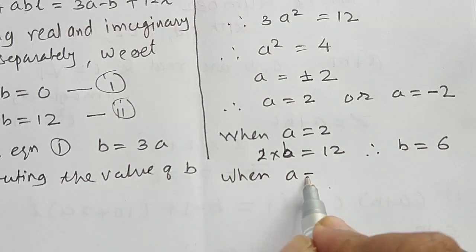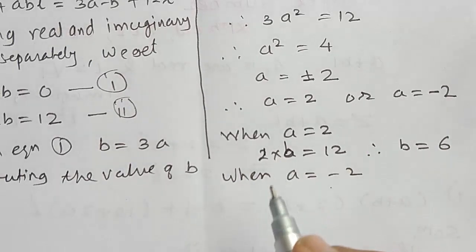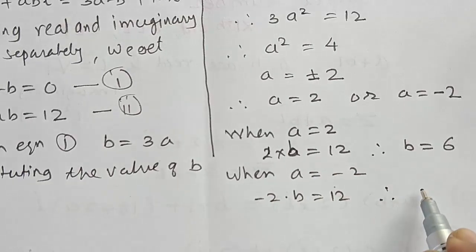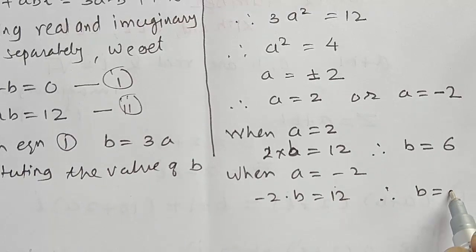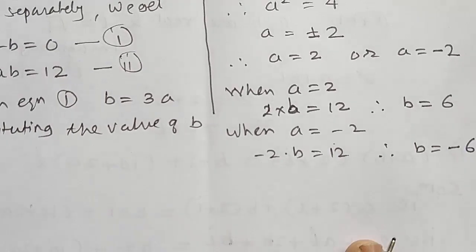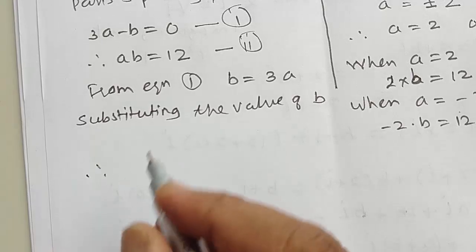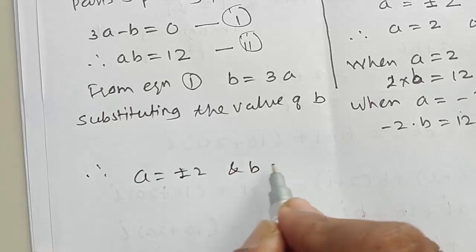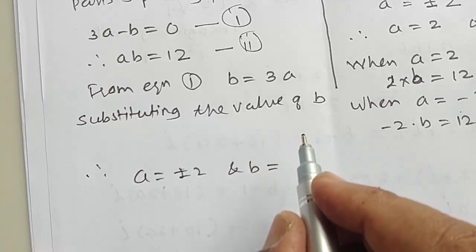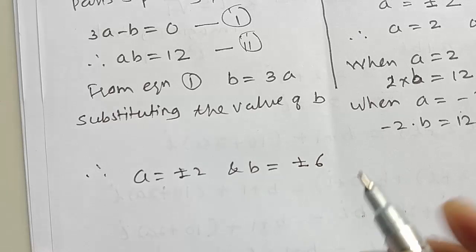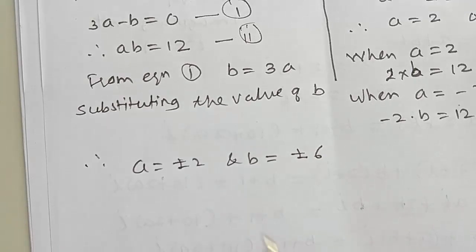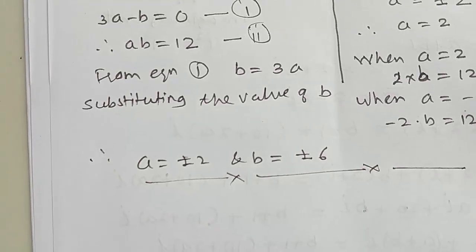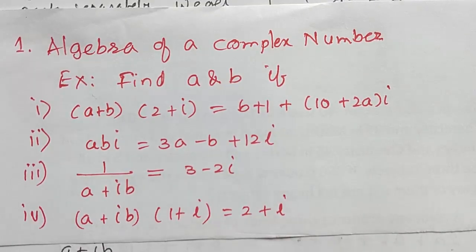When a is equal to minus 2, that is minus 2 into b is equal to 12, therefore, b is equal to minus 6. Therefore, a is equal to plus or minus 2 and b is also equal to plus or minus 6. That is all. Now, the next example, example number 3.